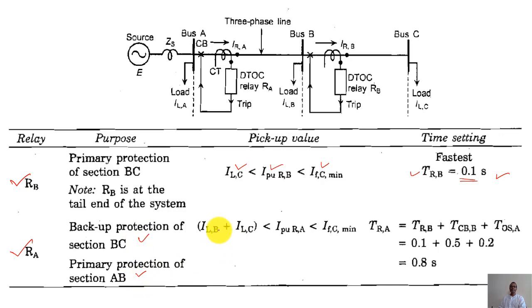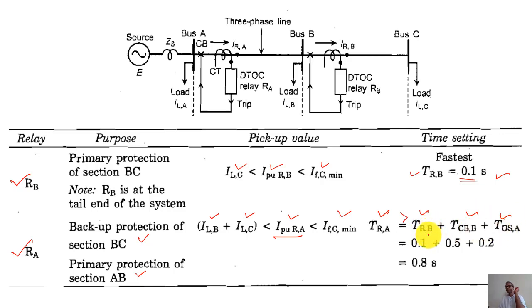So ILB plus ILC, the load current at bus B and the load current at bus C added together, should be less than the pickup current of relay A, and that should be less than the minimum fault current at bus C. So the pickup current will be within this range, and the operating time of relay A should be greater than TRB plus TCBB plus TOSA.